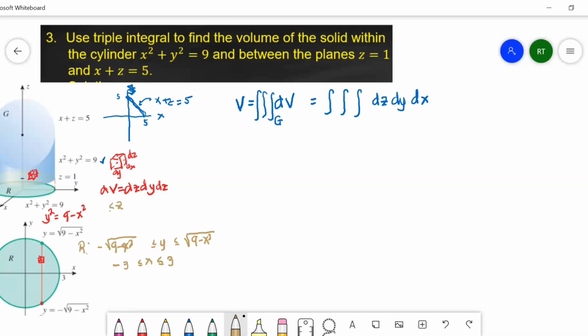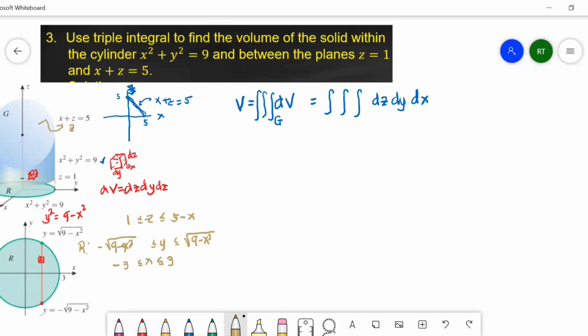Take note that the solid is bounded by z equal to 1 and, sorry, this should be z is equal to 5 minus x.